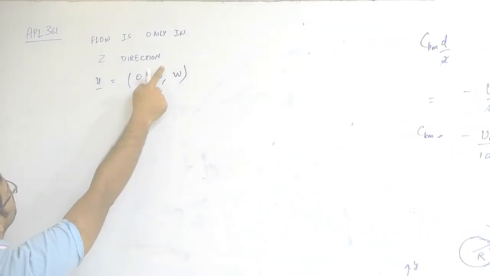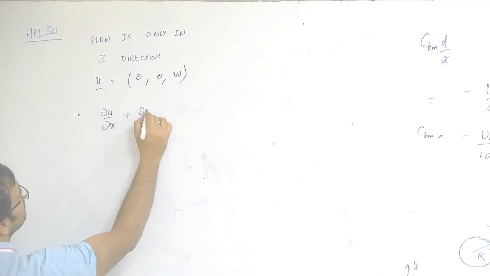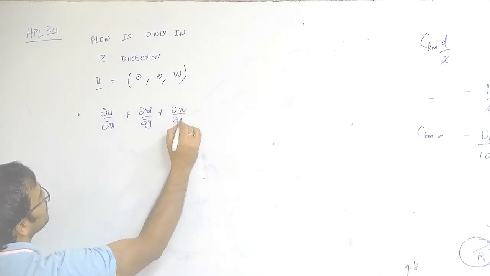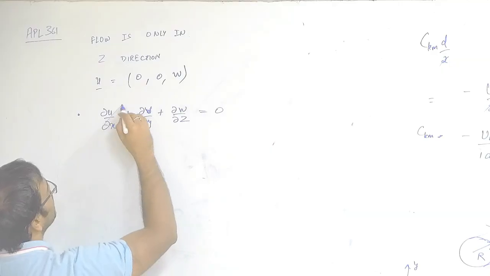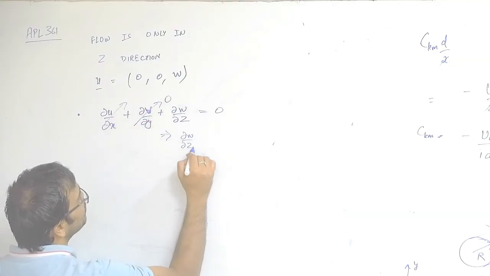Once we assume this, from continuity, since the other velocity components are 0, del w by del z is 0.